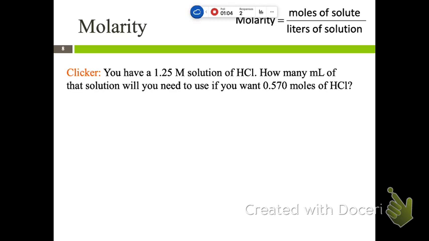That's my conversion factor. Great. So then think about what your starting quantity is, how you're going to use that conversion factor.